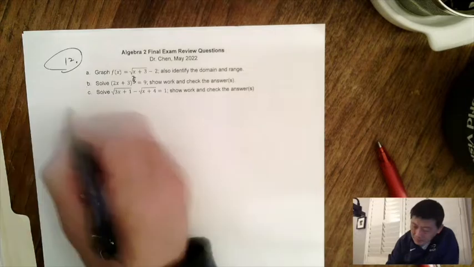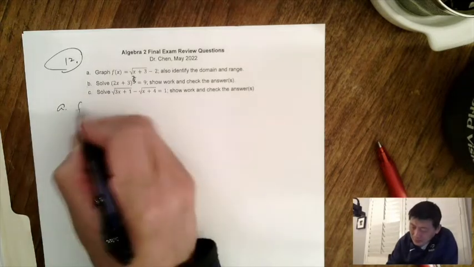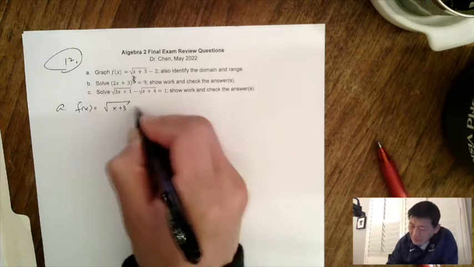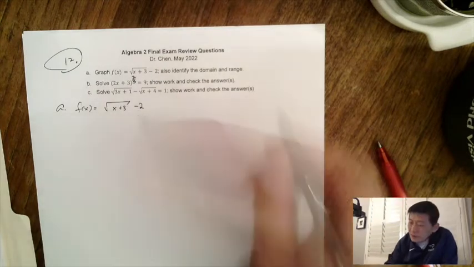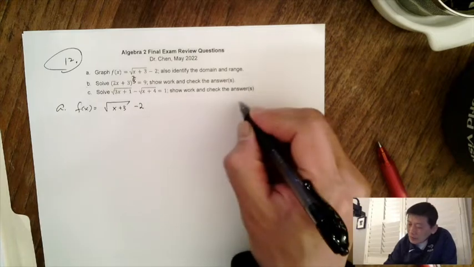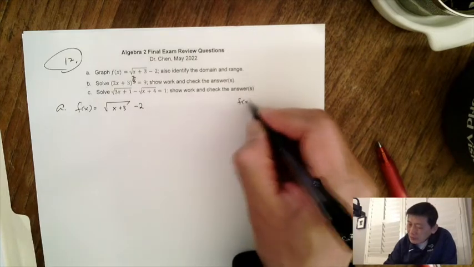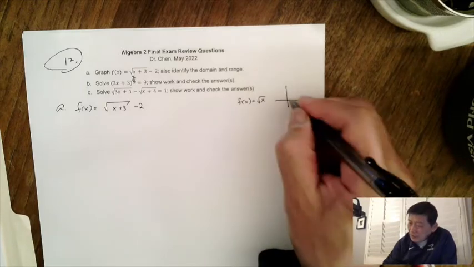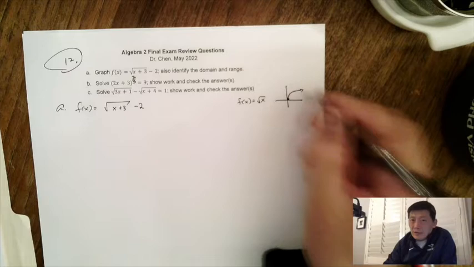Start with part A: f of x is equal to square root of x plus 3 minus 2. Now this is taking advantage of what you know. Say, for example, if f of x is equal to square root of x, we know that this graph looks something like this.